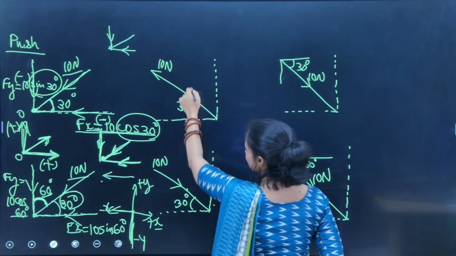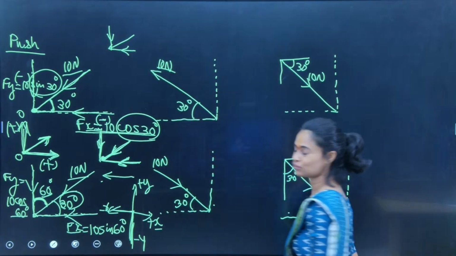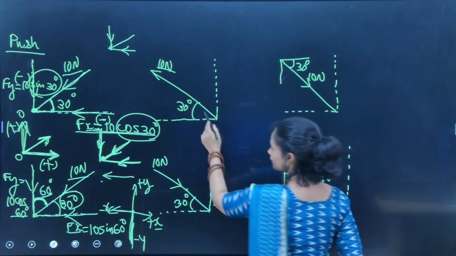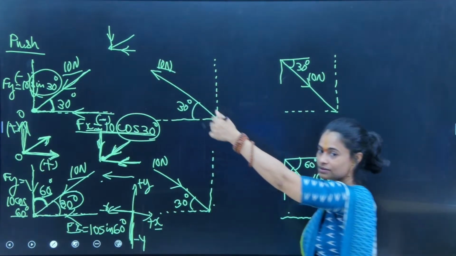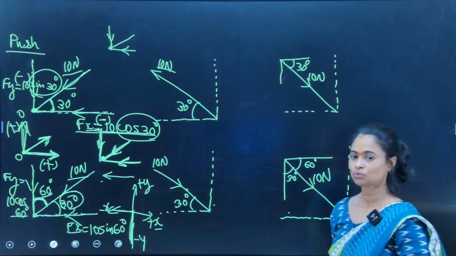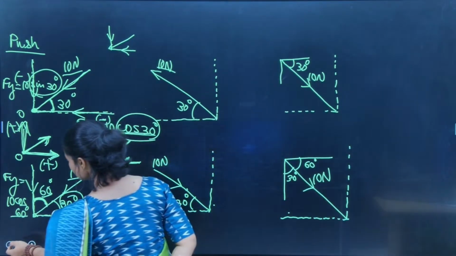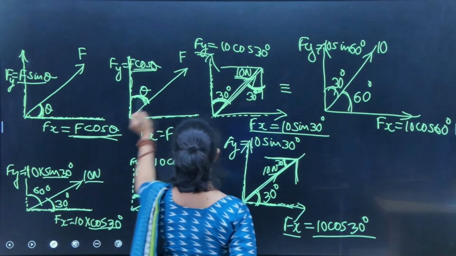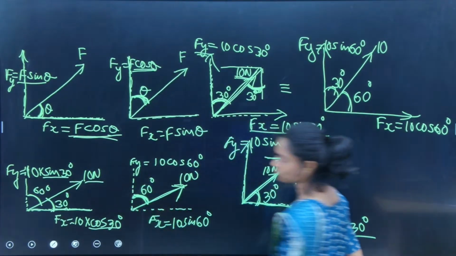Here, coming to this problem, we have the 10 Newton force inclined at 30 degrees, but it is in the second quadrant. Up till now, we were discussing problems in the first quadrant only. All these forces were in the first quadrant.